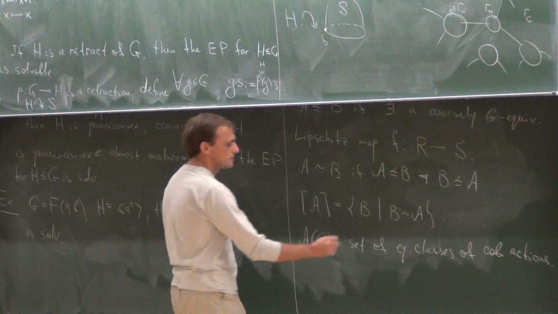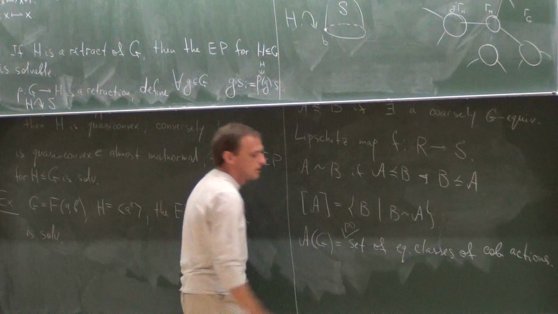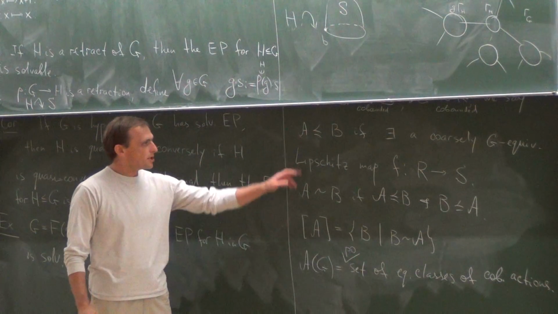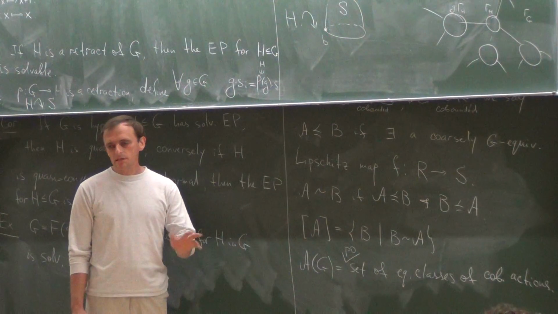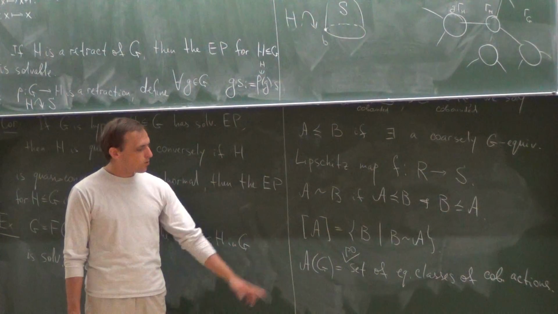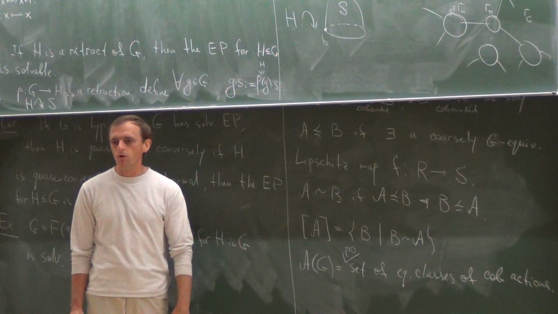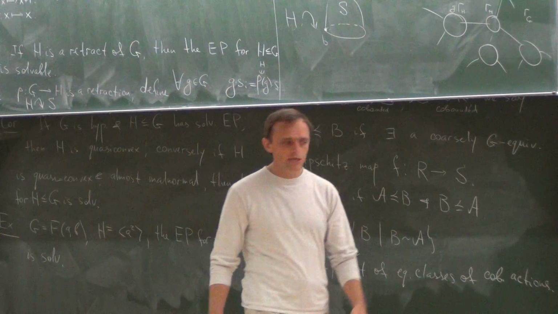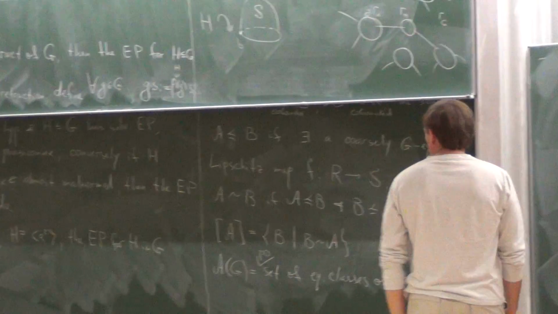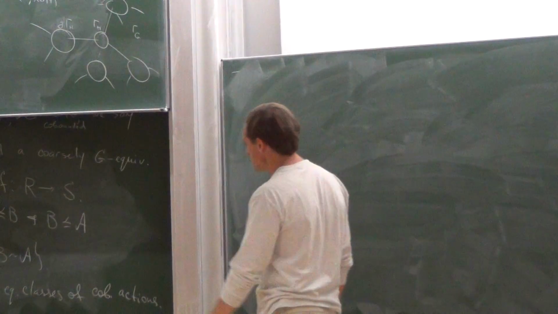Well, on this set, you have a partial order induced by the pre-order. So this becomes a partially ordered set. Well, except that if you want to call it a set, you have to restrict the cardinality of spaces you are acting on from the very beginning. Otherwise, it's not a set. Like a set of all spaces is not a set. But let's assume that all metric spaces have cardinality at most continuum, and then everything is the same.